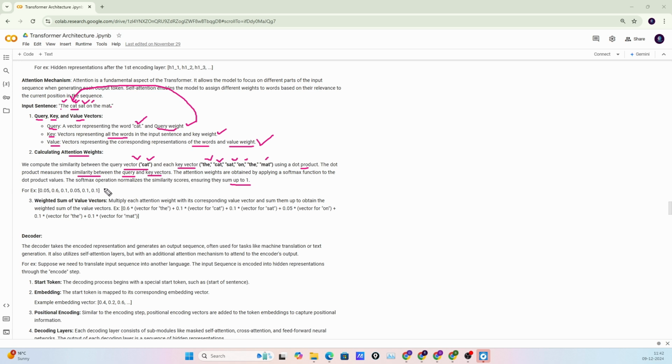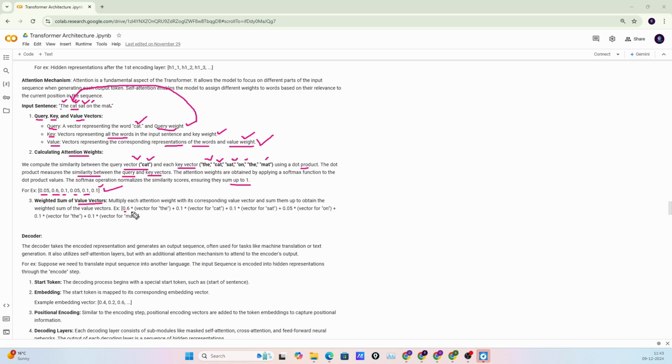Suppose this is the outcome of the attention weight for the cat word. Then we multiply this attention weight with the value vector, and the value vector is again the vector representation of each word multiplied by the value weight.